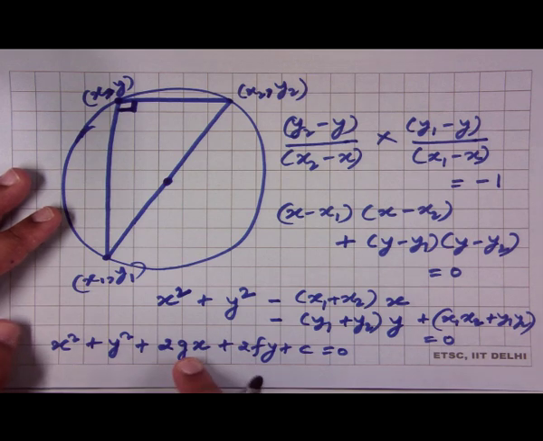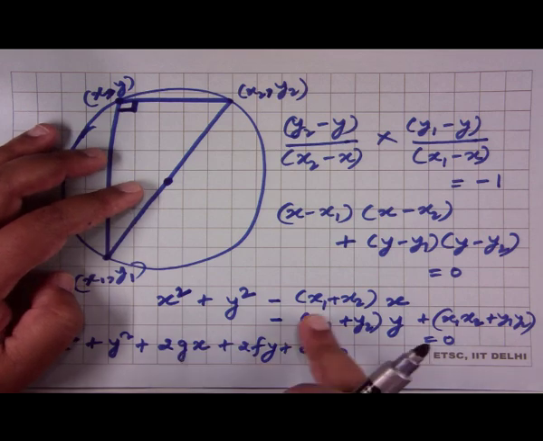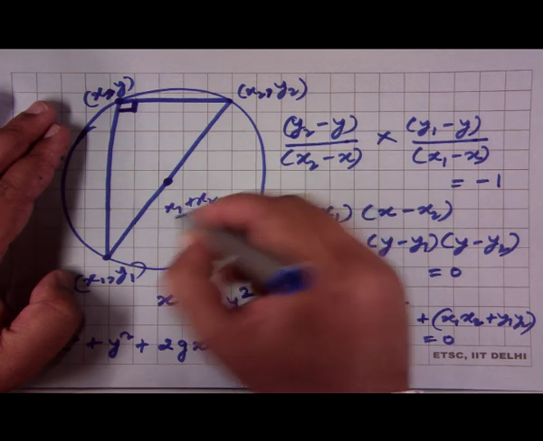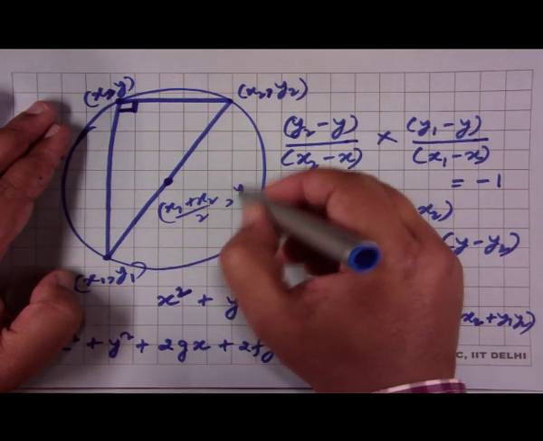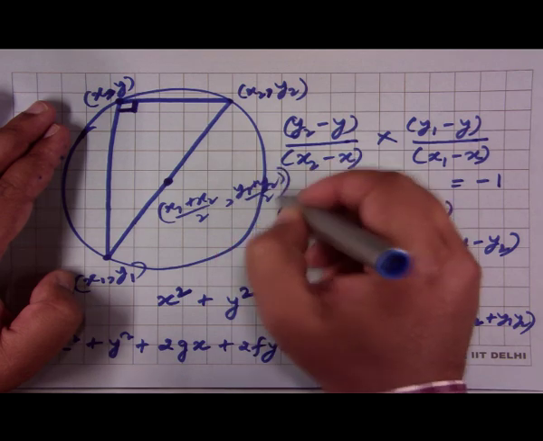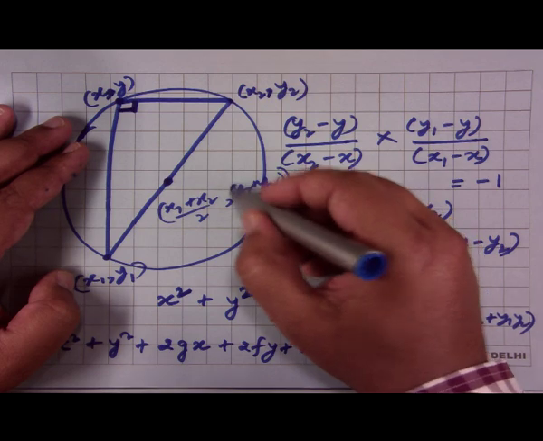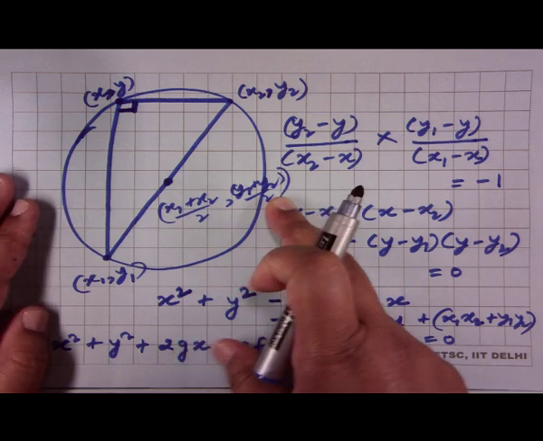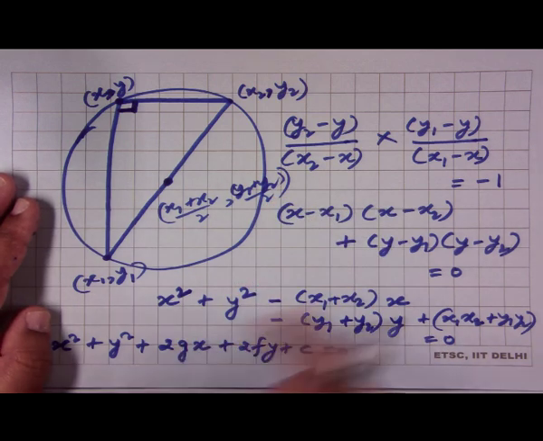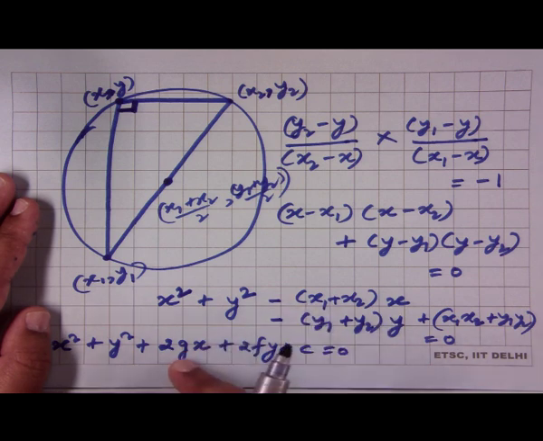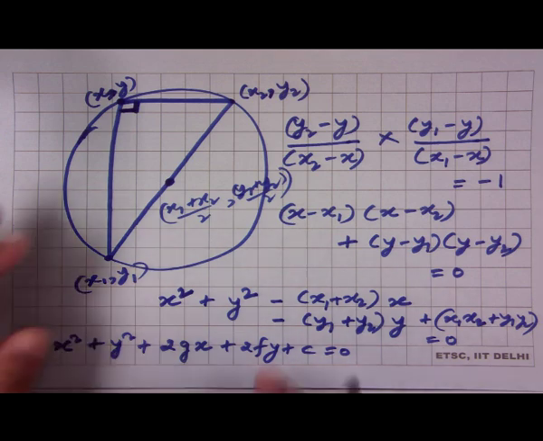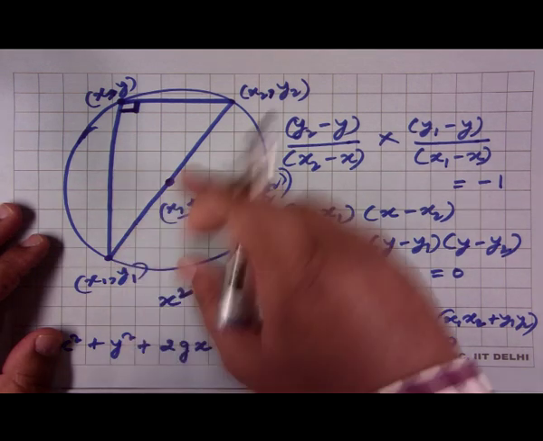So, the center is minus g comma minus f, and by comparing these two, g is equal to minus of (x1 plus x2) over 2, f is minus of (y1 plus y2) over 2, and similarly we can find the radius also.